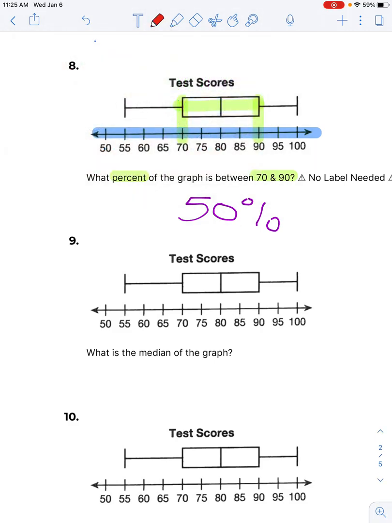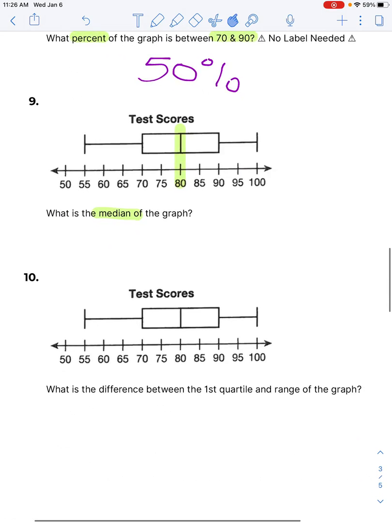I wouldn't be able to tell what they are numerically unless I had a number line like this that would give me the values. The number line makes this real easy to translate and use to determine some of my data. So then if I come down here and I have to say what's the median, remember the median is in the box. It doesn't always have to be in the center, but it'll always be inside that box.